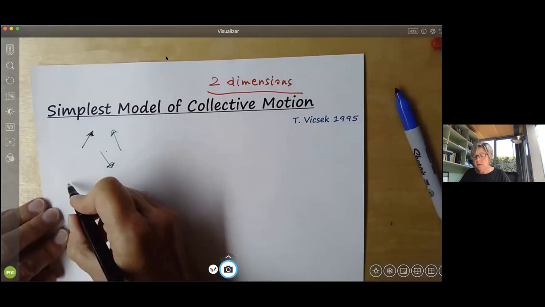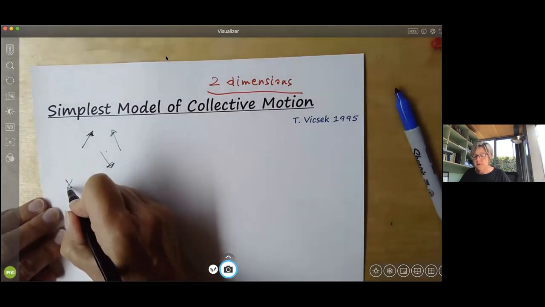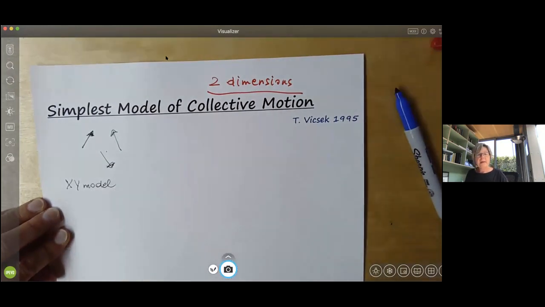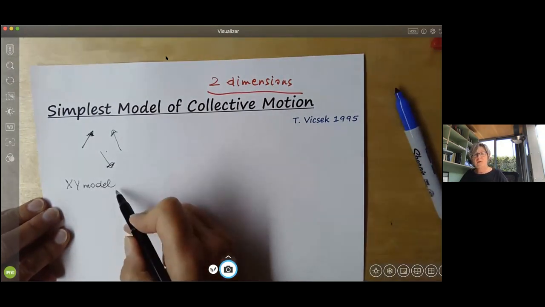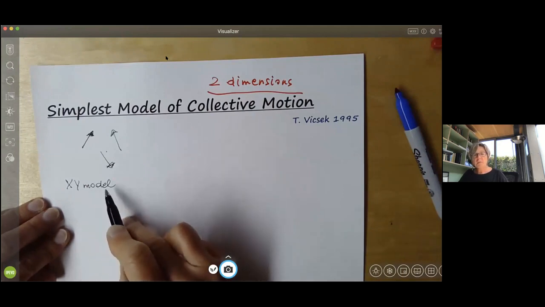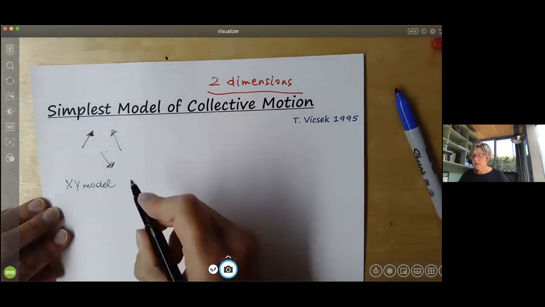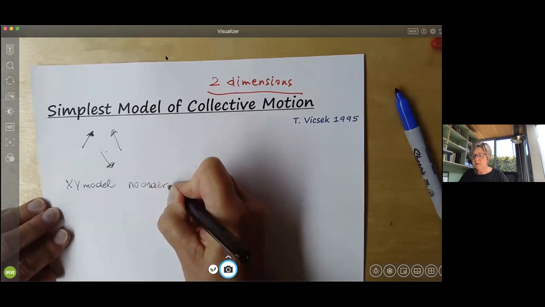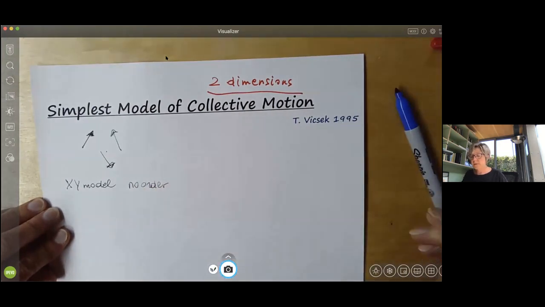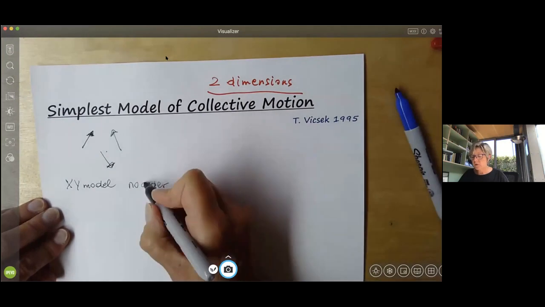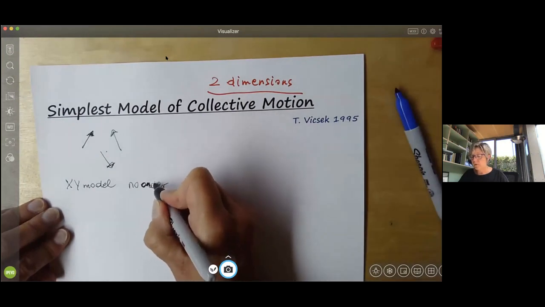That reminds us a lot about a model of magnets called the XY model, where spins, either sitting on a lattice or not, are allowed to point anywhere in the plane. On the other hand, if you have an XY model in 2 dimensions, there can be no order in equilibrium, meaning you cannot have a state where the spins on average all point in the same direction and the system has non-zero magnetization. And that remains true even if the spins are not on the lattice and are allowed to move around.